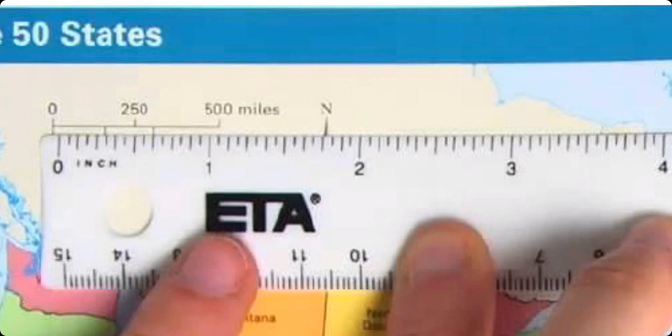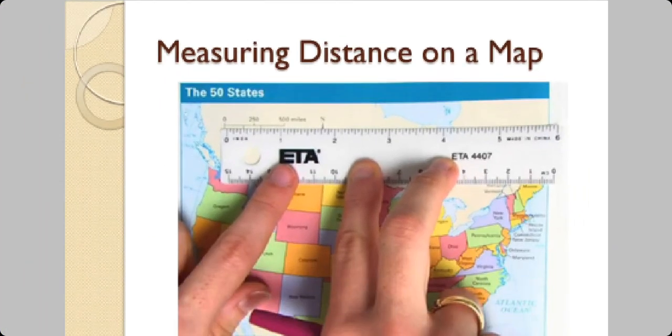Now in this map, the scale is 1 to 500 miles. So it means that 1 inch on the scale is representing 500 miles on the land. So if the straight distance between 2 points is equal to 2 inches, then it will mean that it is 2 into 500 miles, that is 1000 miles. That is the interpretation you have to do.